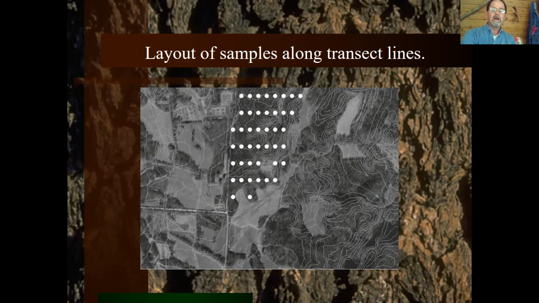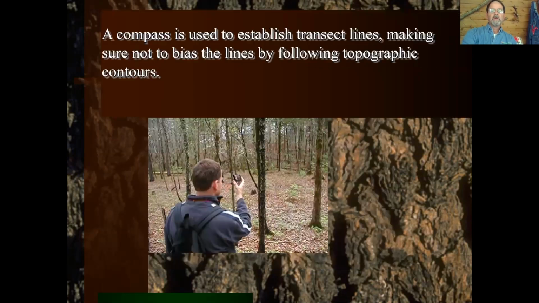And that's where we have to collect our data, whether or not it's on the side of a slope and it's real steep, down in a valley, or up on this flat somewhere. We want to lay out our samples in distinct transect lines. So again, a compass is used to establish these transect lines, making sure not to bias the lines by following topographic contours.